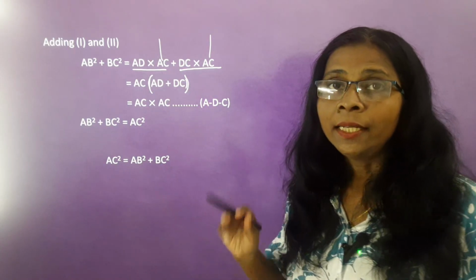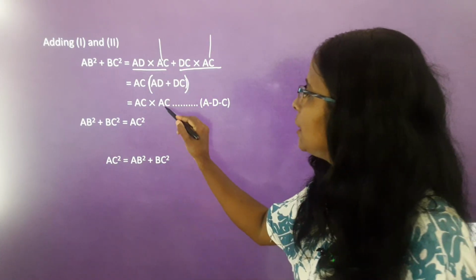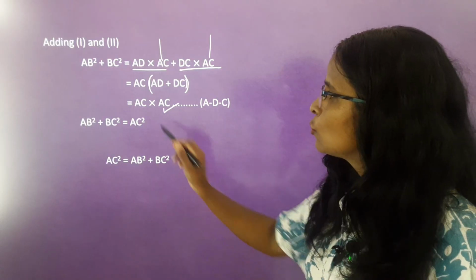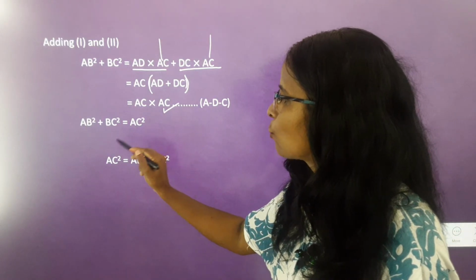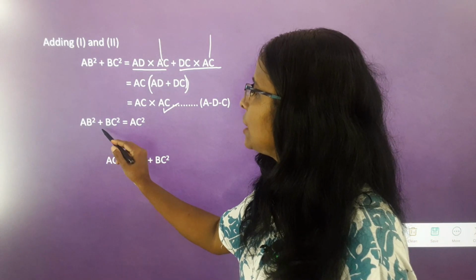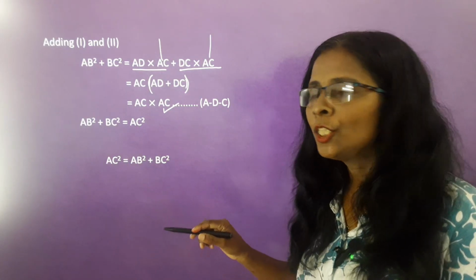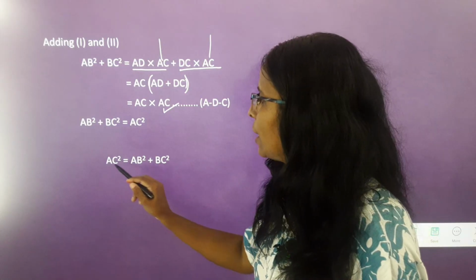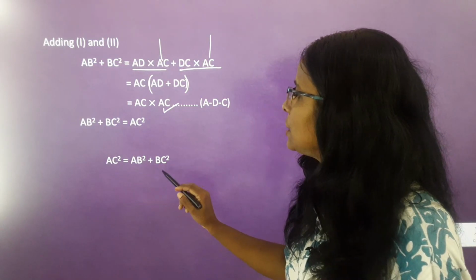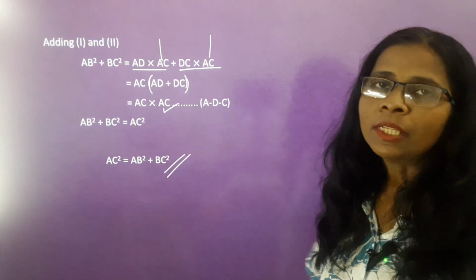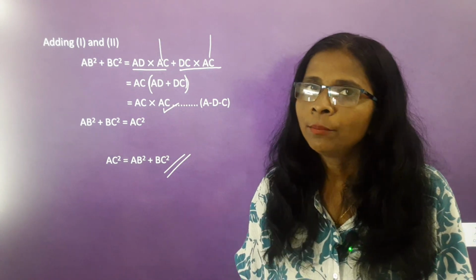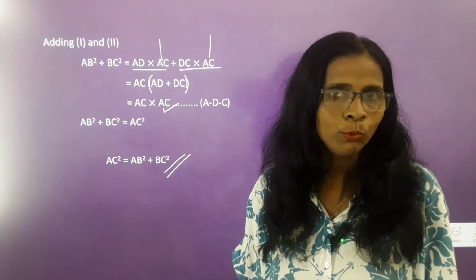Now AD plus DC is nothing but AC, student. So AC into AC, that means AC square. So AB square plus BC square is equal to AC square. Now by interchanging the sides, we have AC square is equal to AB square plus BC square, and that is what we had to prove. So the Pythagoras theorem is proved.